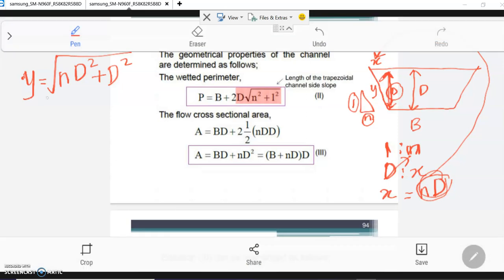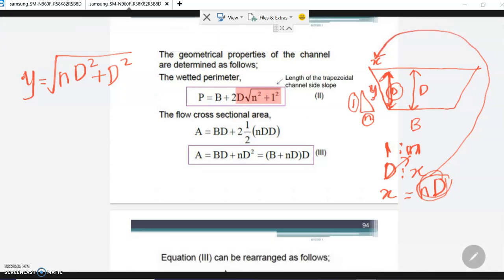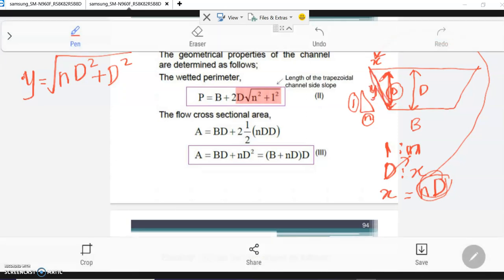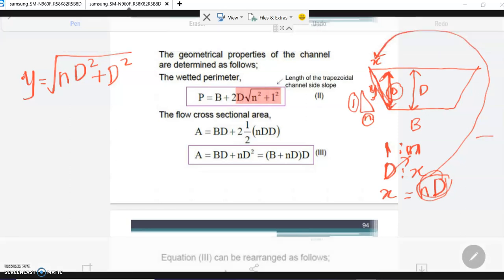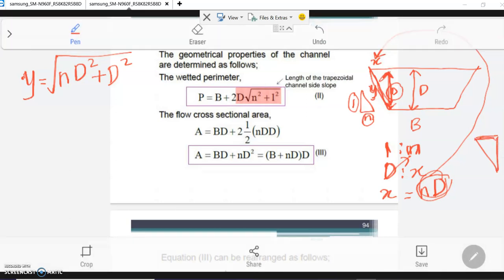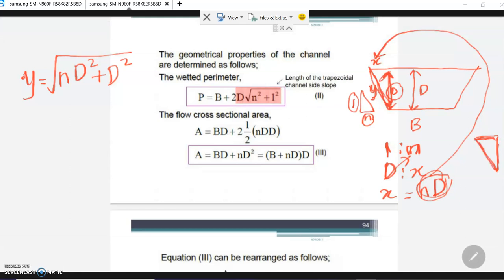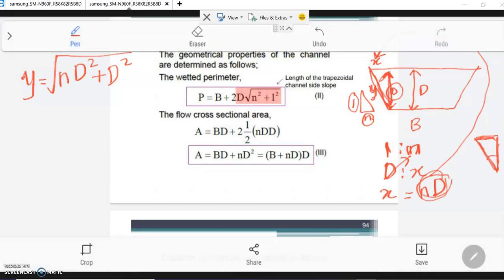So you get your Y, what is this, hypotenuse. Remember the rules of sin cos theta? So this one adjacent, opposite, adjacent and the hypotenuse, cos theta. Okay, so we have your Y here, and D square plus D square.